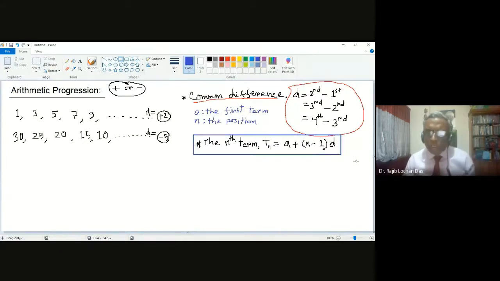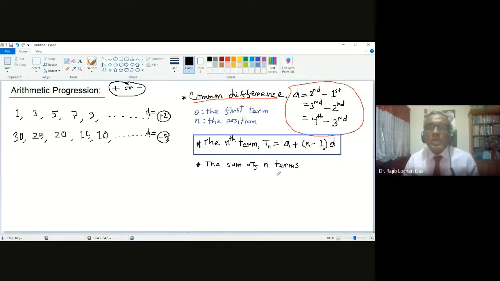And for another formula, let me write first, then I will show you the calculation. Another formula is called the sum of n terms. Sum means addition. There is no th here, so be careful. It is not nth, it is just n terms. If n equal to 5, that means sum of 5 terms.